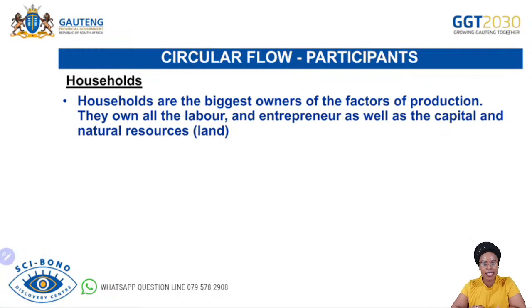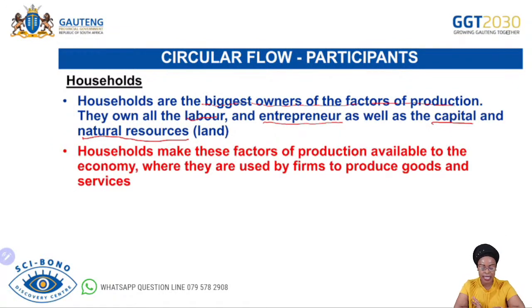So household is a participant. We call them the biggest owners of the factors of production, or the primary owners. Without the factors of production, production won't take place. So they own labor, they own entrepreneurial skill, they own capital, and they also own natural resources. You can also call it land.